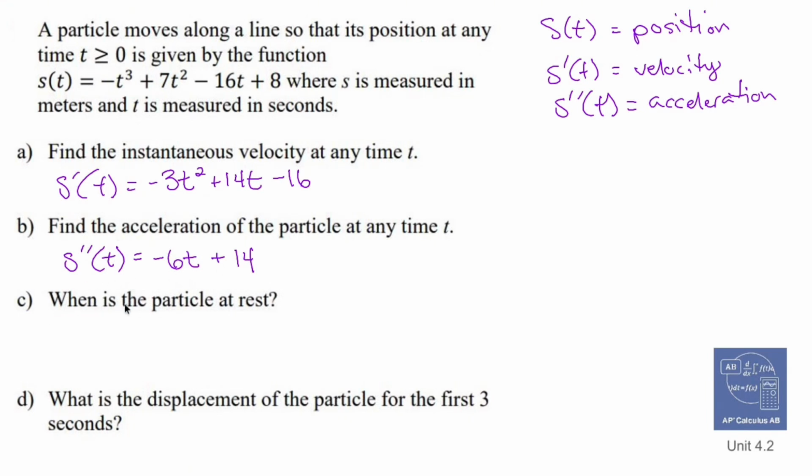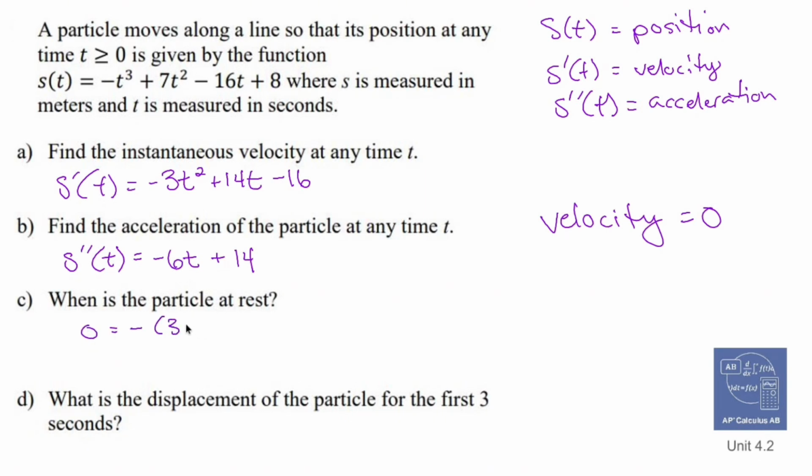Now, using common sense, the particle is at rest means it's not moving. So the particle is at rest when your velocity is 0. Let's go back to our velocity function and see what happens when the velocity is 0. I'm going to set this equal to 0 and pull out a negative.